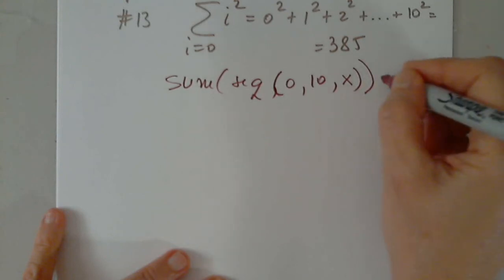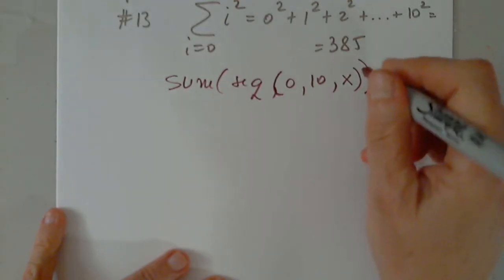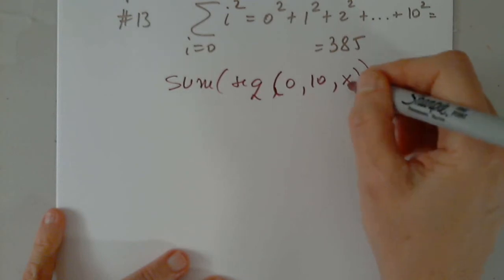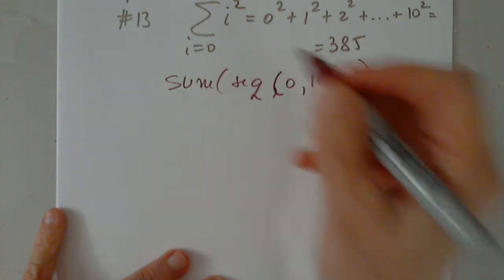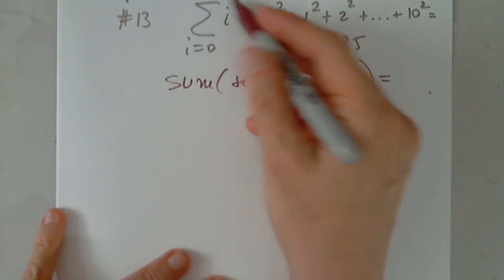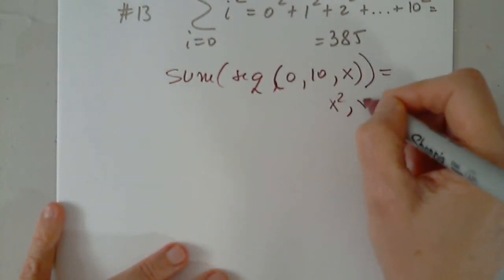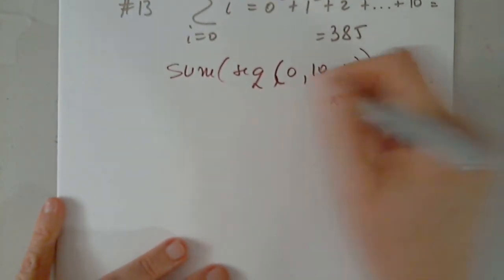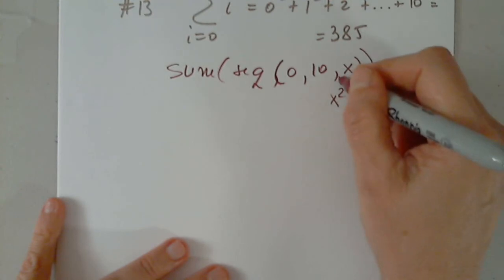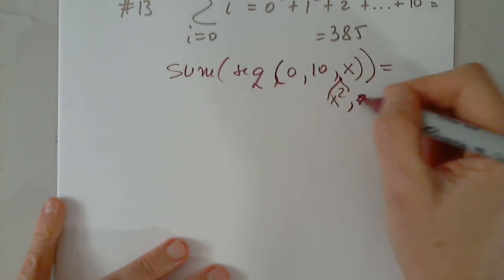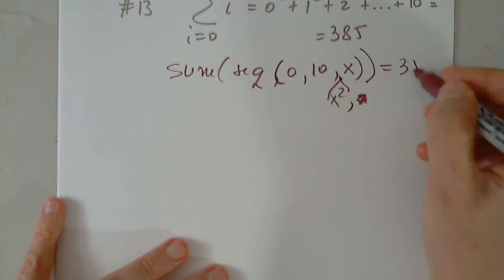And you close the parenthesis. I squared first, so x squared. You have to put x squared so the calculator knows which general term I have, and then x, I think. When you insert this here, you should get 385.